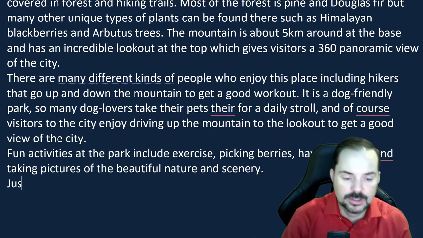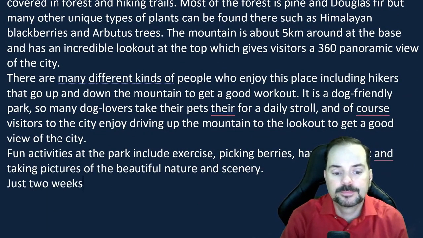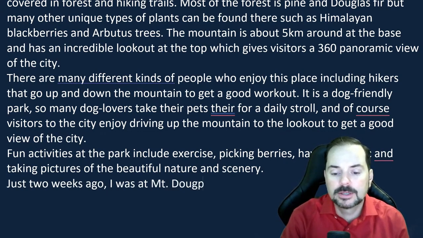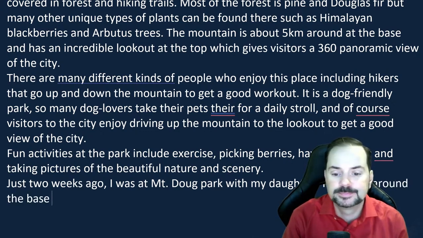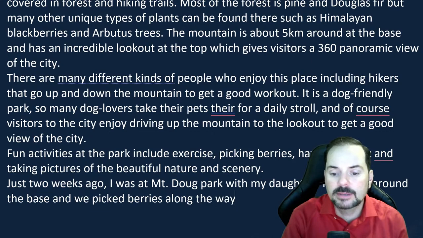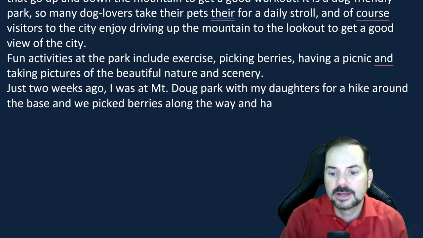So just 2 weeks ago, I was at Mount Doug Park with my daughters for a hike around the base. And we picked berries along the way and had a great time.